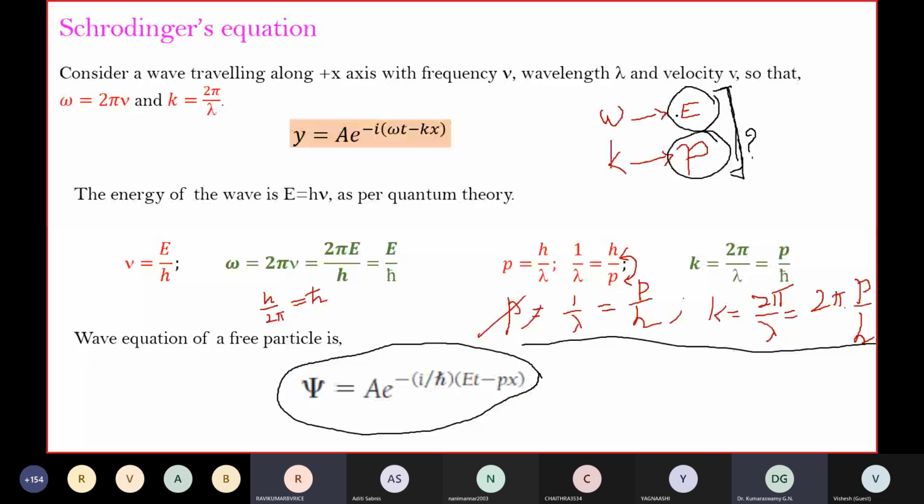Omega and K are represented by E and P from the quantum theory, from the concept of quantum theory.